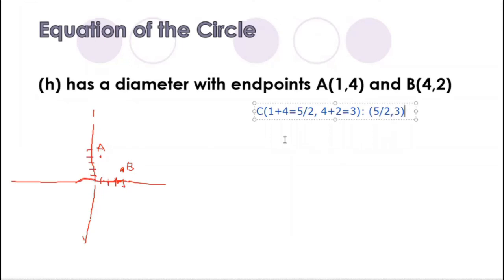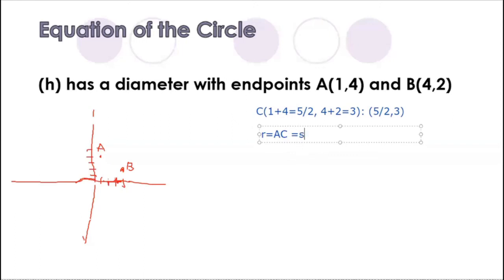Next, ang radius naman, since meron na tayong center, gamitin natin yung center na 5 halves, comma, 3 para malocate yung radius, distance niya with point A na lang. Okay, so ang gagamitin natin ay radius R equals yung distance ng AC. So, para makuha natin, gamitin natin yung square root.